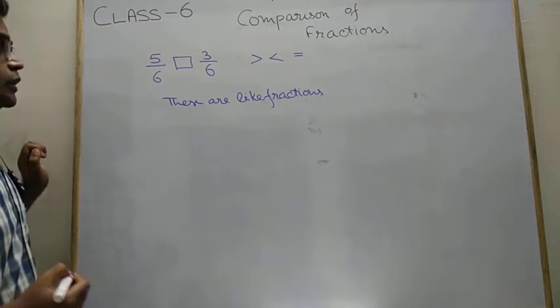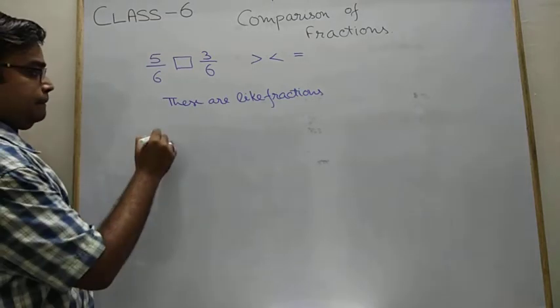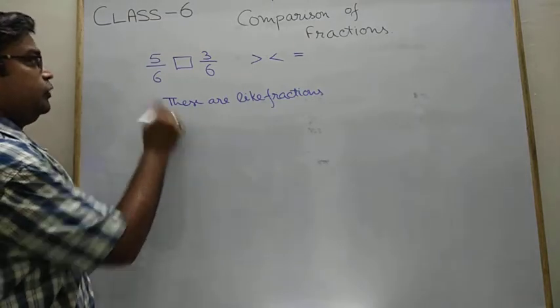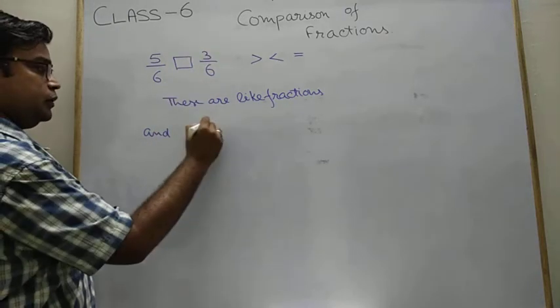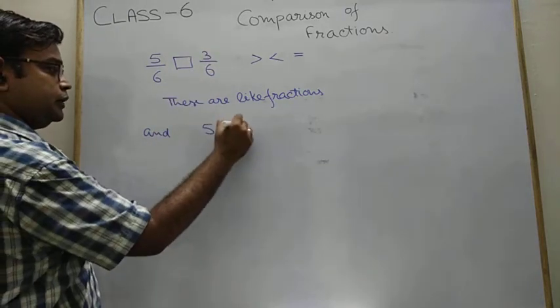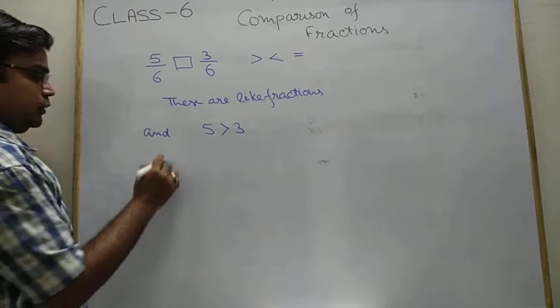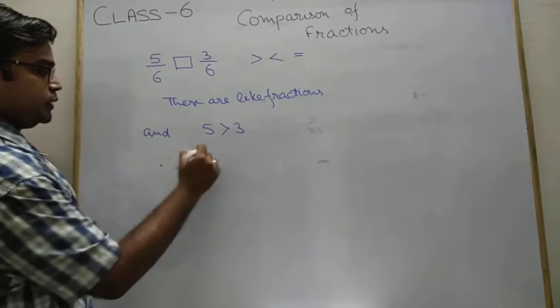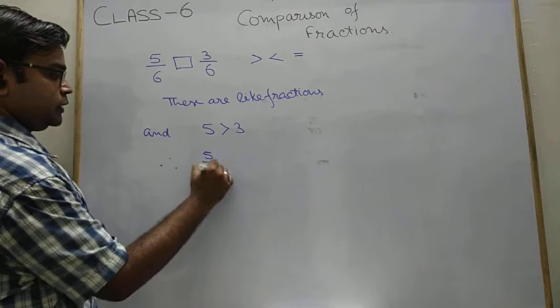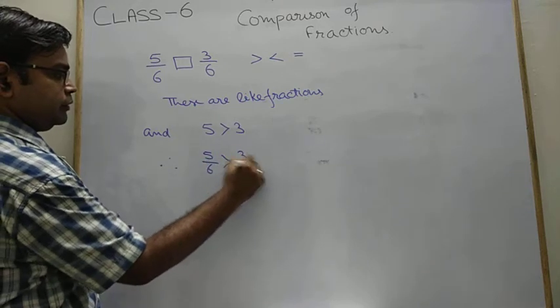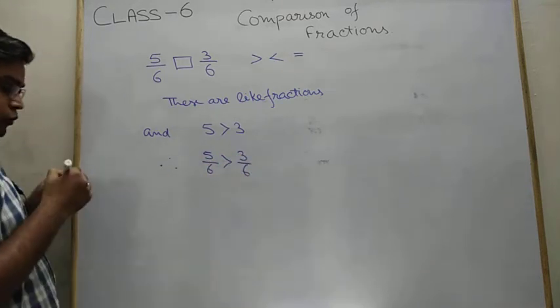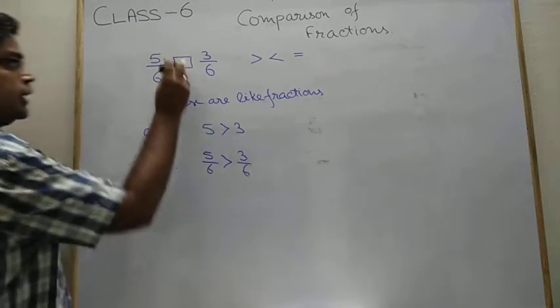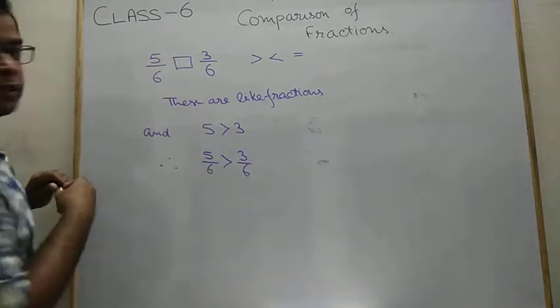And then we check the numerators. 5 is greater than 3. Therefore, now we can easily say that the fraction 5 upon 6 is also greater than 3 upon 6. So what symbol do we place here? This is a greater than sign.